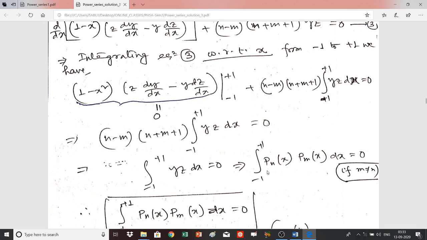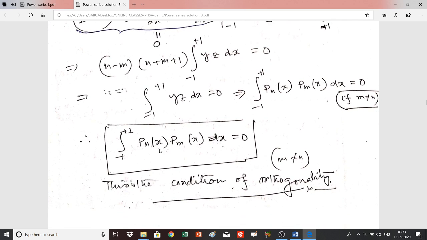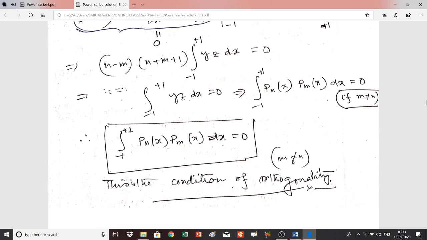That means y is nothing but Pm(x) and z is nothing but Pn(x), and remember that m is not equal to n. So finally we get that integral from minus 1 to plus 1 of Pm(x) Pn(x) dx is equal to 0, and this is called the orthogonality of Legendre polynomials, and obviously the condition should be m not equal to n.